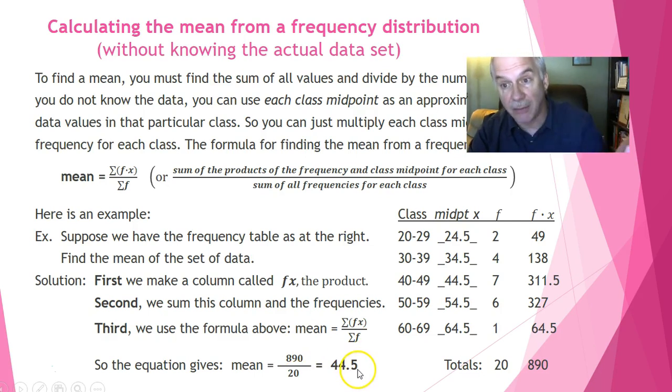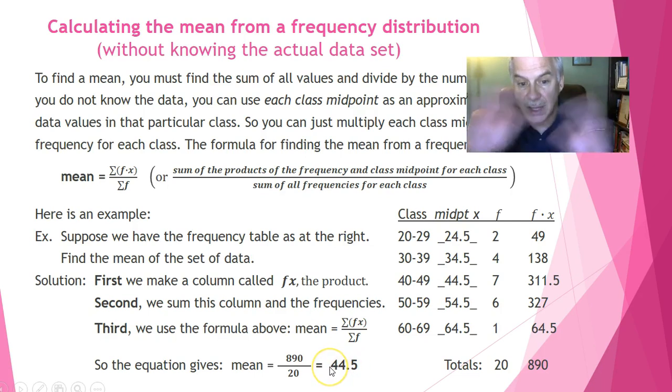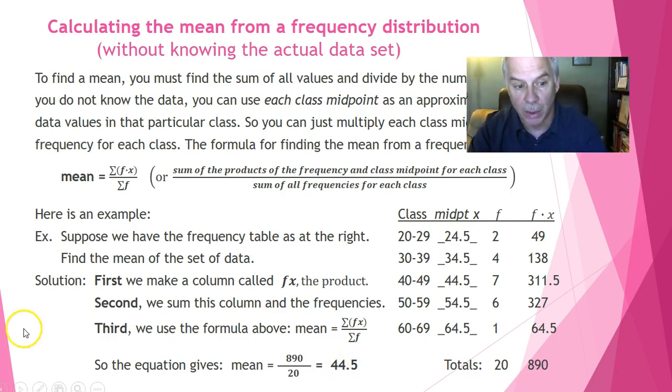And that's really what the average is, the sum divided by the number of them, and you get 44.5. Now it's just a coincidence that we got the same mean as the midpoint of the middle class. It just happened to be that way. But the mean for all this data is 44.5.